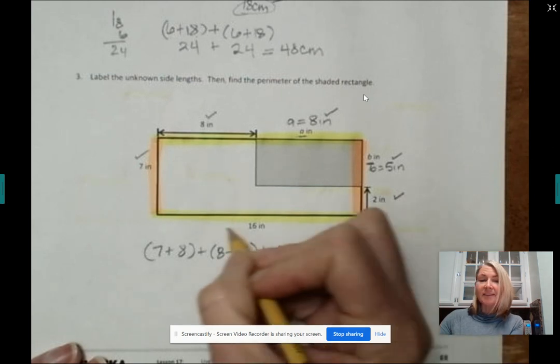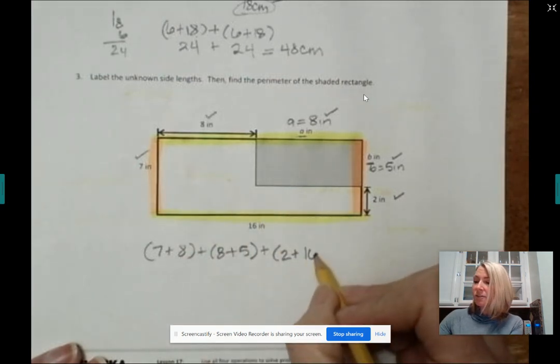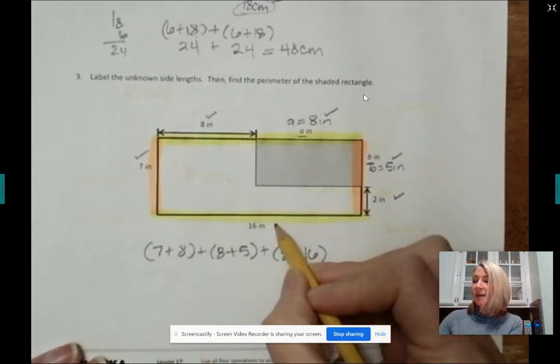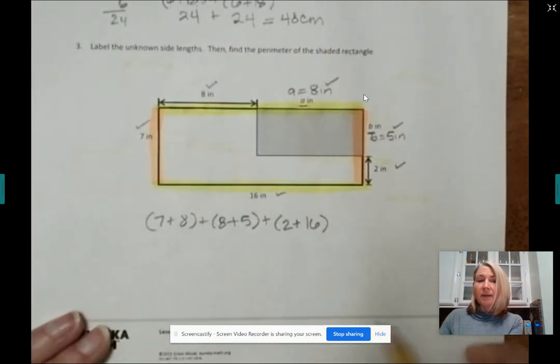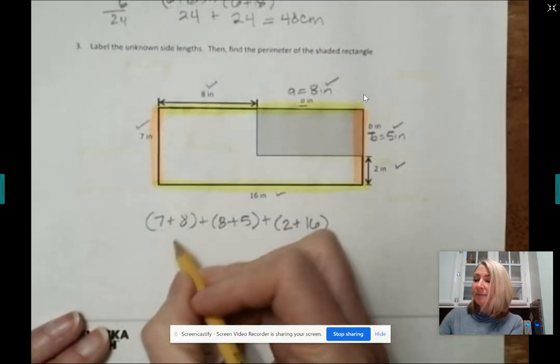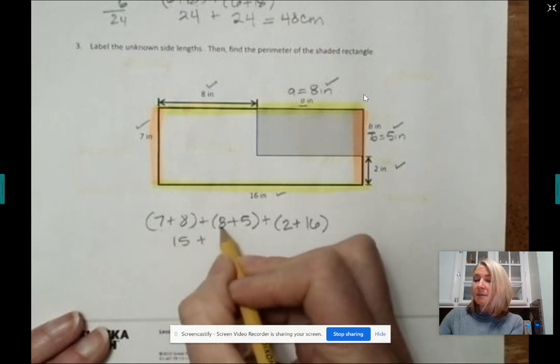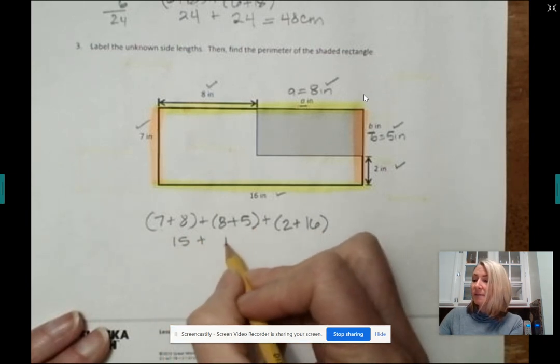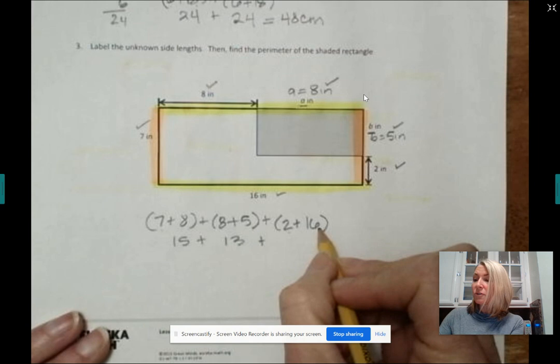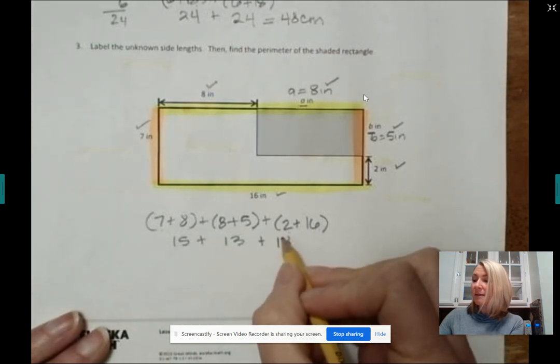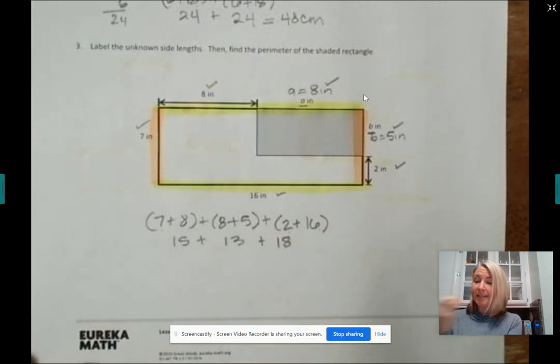And then I got this nice long clean line. That's just a straight 16. And I'm back up to the beginning. If I add these up, 7 plus 8 is 15, plus 8 plus 5 is 13, plus 2 plus 16 is an 18.